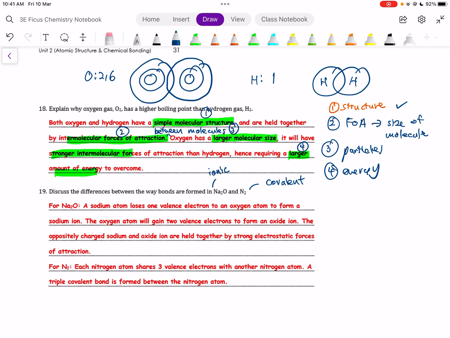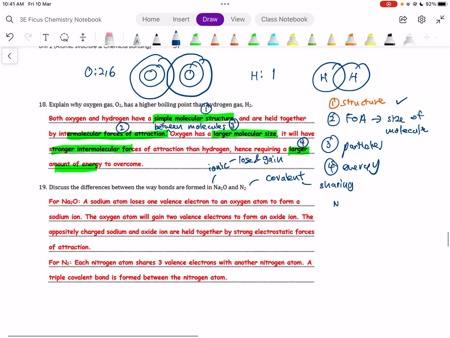Okay, for this one you have to talk about losing and gaining electrons. This one you have to talk about the sharing of electrons. So for the sodium case, the ionic case, your sodium is 2, 8, 1, so this one will lose one electron.